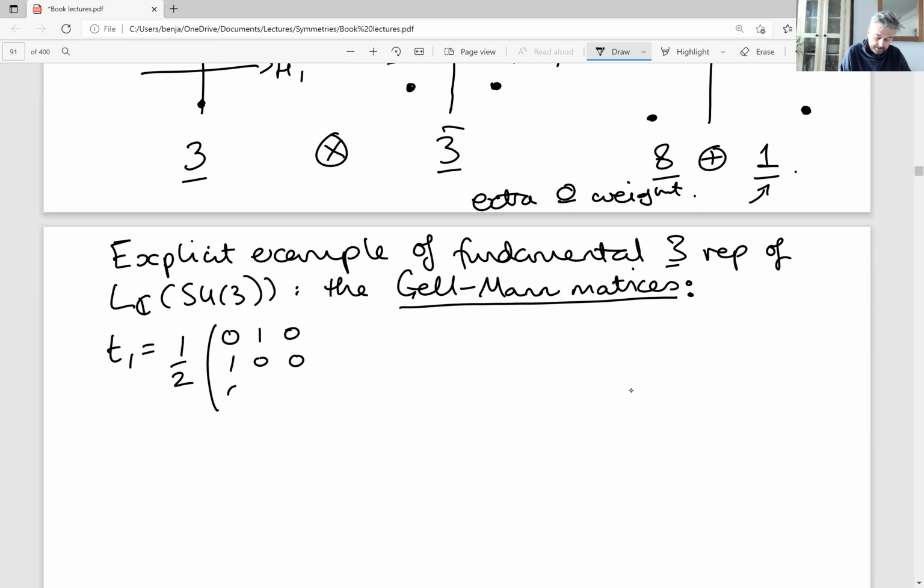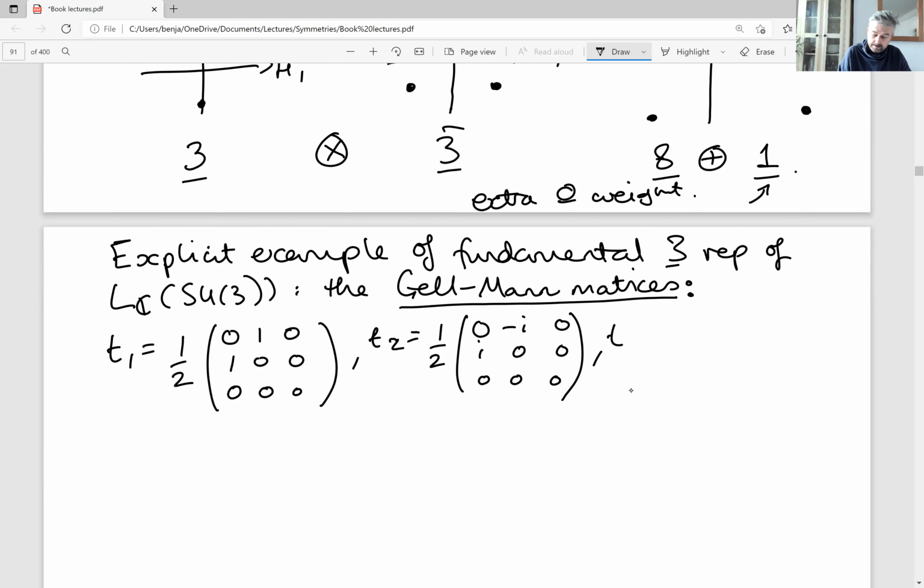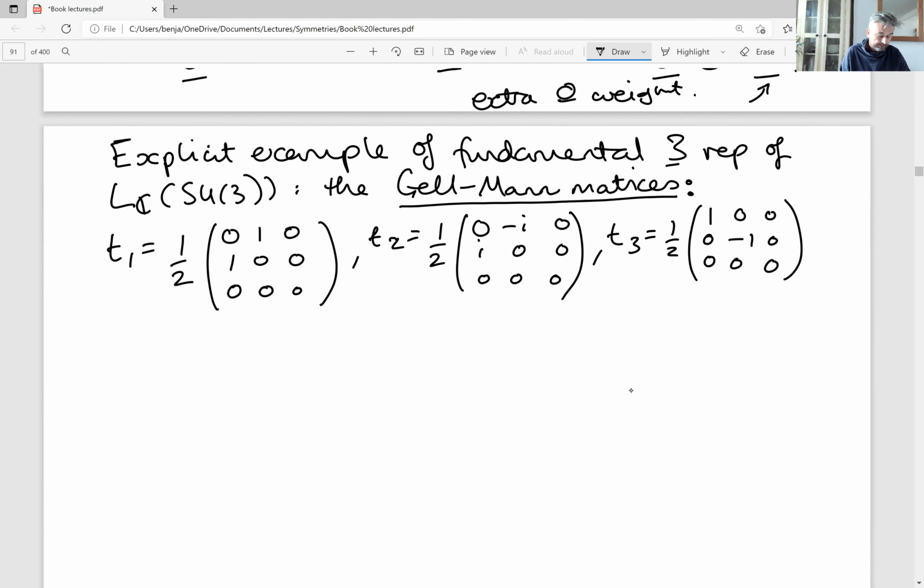They look like this. And this is the conventional basis for the Gell-Mann matrices.